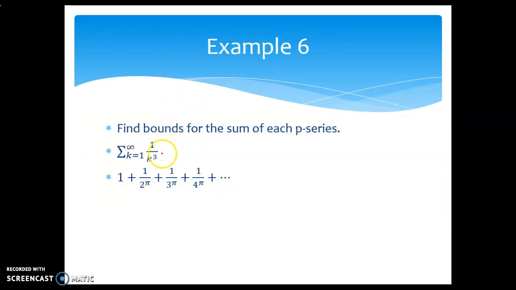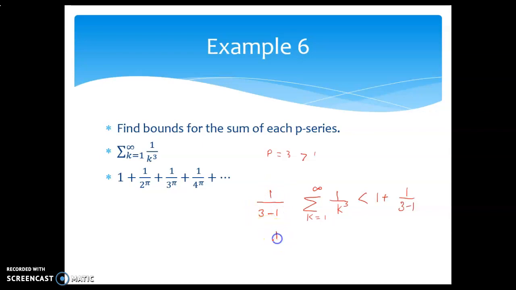So here is a P series. We have P equal to 3, which is greater than 1. That means this series is going to be bounded. So we bound it as follows: the sum from k equals 1 up to infinity of 1 over k raised to the power of 3 is less than or equal to 1 plus 1 over 3 minus 1, and on the lower bound it's going to be 1 over 3 minus 1.